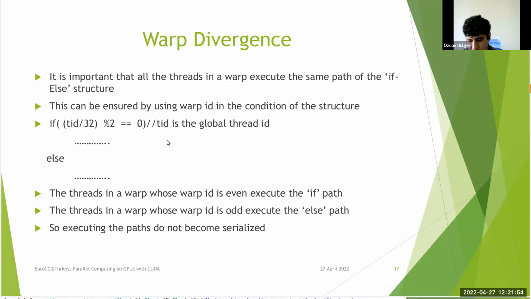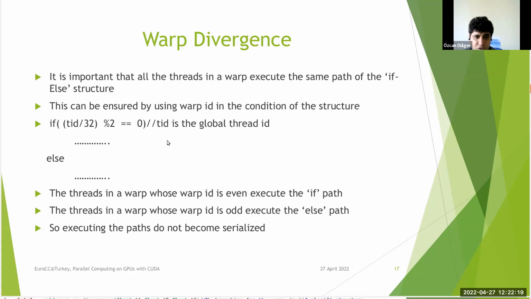So what is our target here? The target is to make all the threads in a warp execute the same path in this structure. If they execute the same path, the operations will not become serial. So how can we do it?